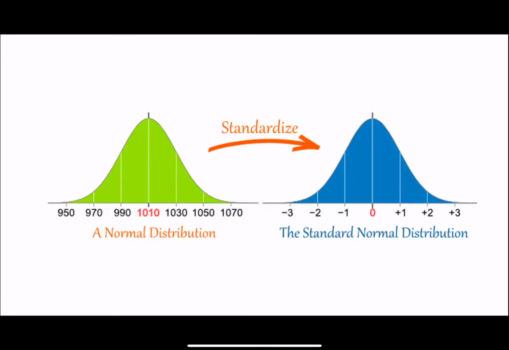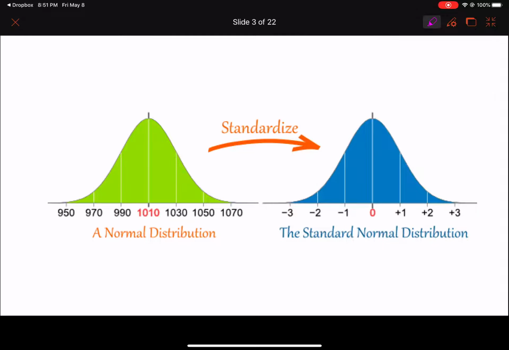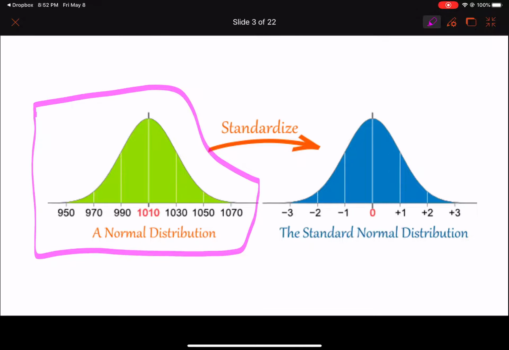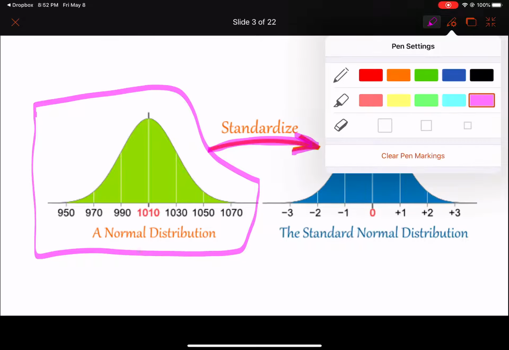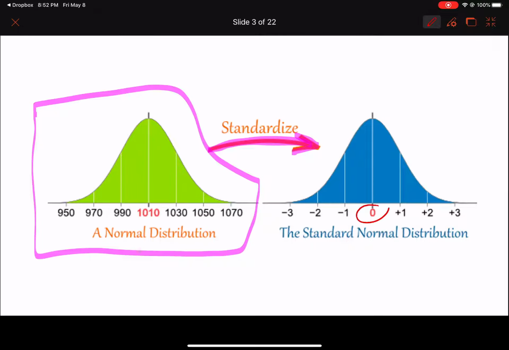Okay, so I want you to look at this. This is a normal distribution on the left here, this green one. Once we have standardized it, once we have a standard normal distribution, look how my mean here is 0.